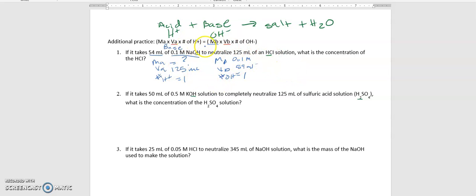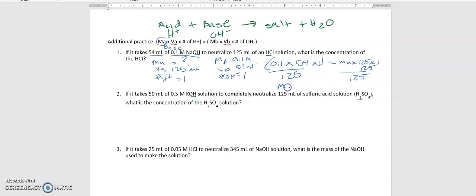So now all I do is plug this into my formula. I'm going to be looking for this, the molarity of the acid. So 0.1 times 54 times 1 equals MA times 125 times 1. We know this is 125 right here, and I'm looking for this, so I'm going to divide both sides by 125.